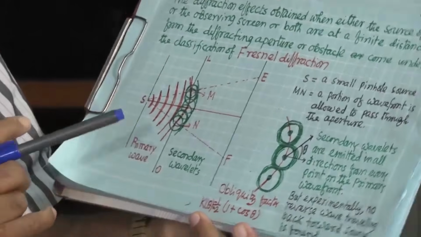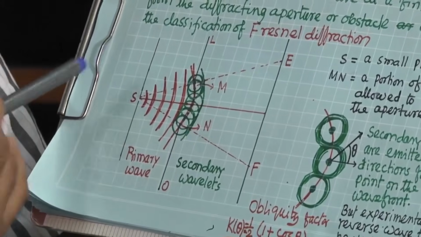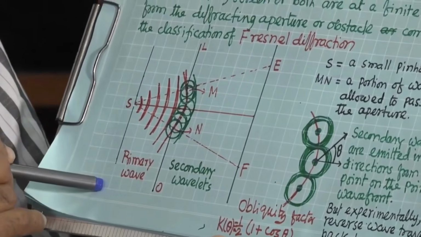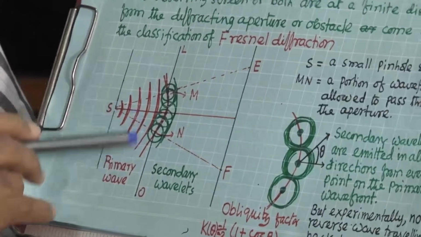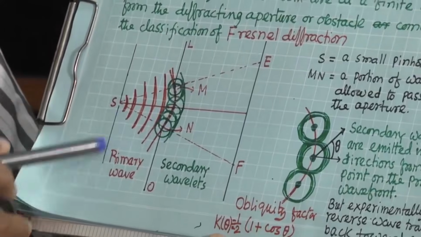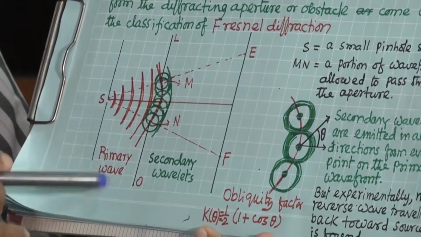Now, Huygens principle: if we have a source, we have primary wavelets.